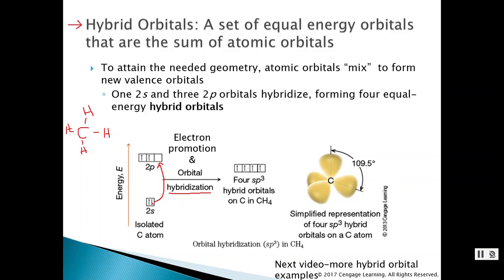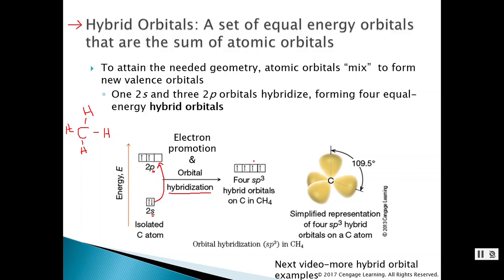And so after doing that electron promotion and hybridization, or mixing, we get 4 different orbitals. 4 because we have taken 1 plus 3 orbitals to get a total of 4. And these 4 orbitals have s character and they have p character.